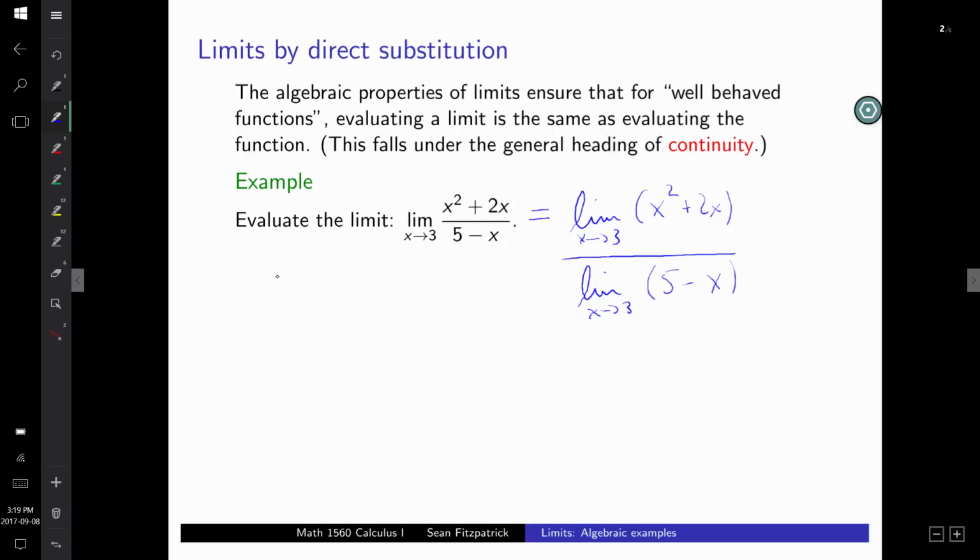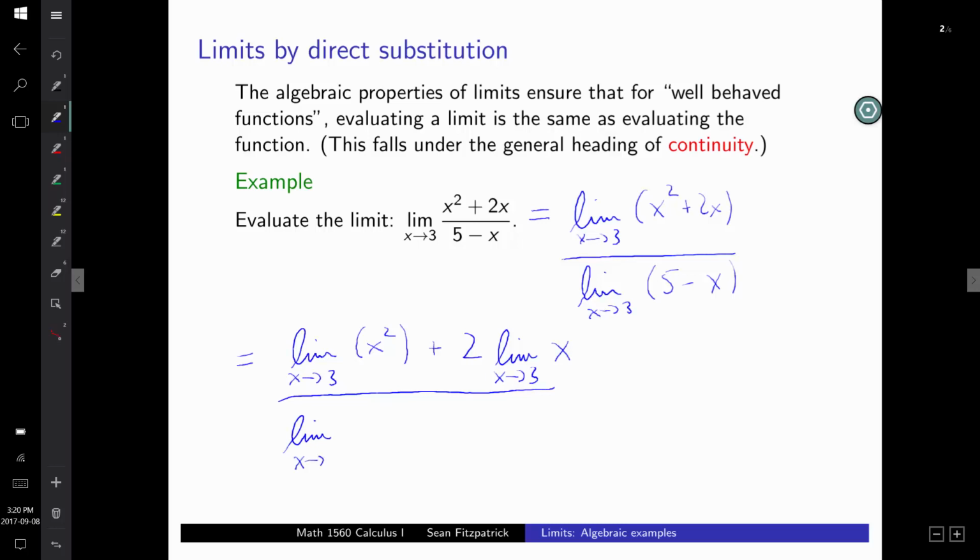You can do the limit of the sum, top and bottom. We'll see how far I actually want to go with breaking things down here, but we could do the limit of x squared. Let me do two steps here. One of the other limit laws says that you can pull out constants, so I can pull the 2 out of that limit there, so the limit of 2x, and then I've removed the 2 on the bottom.